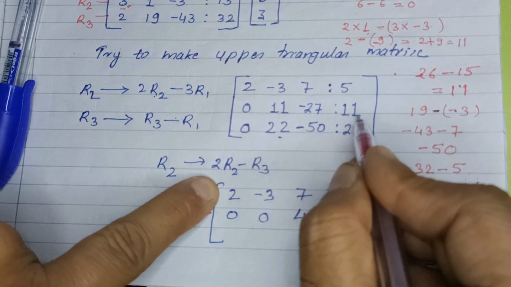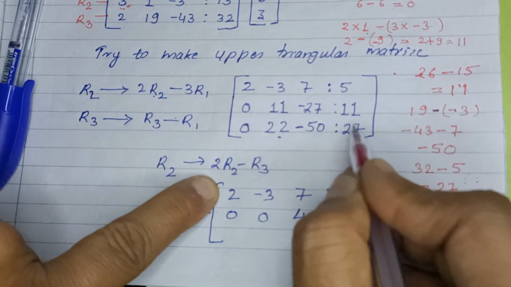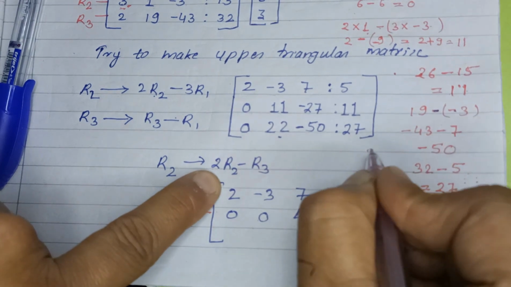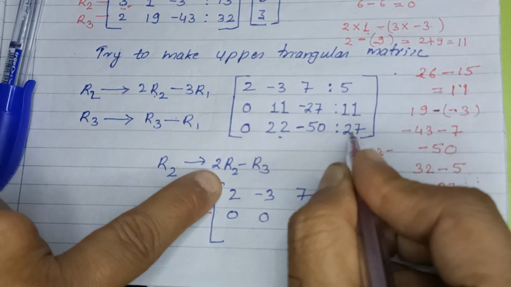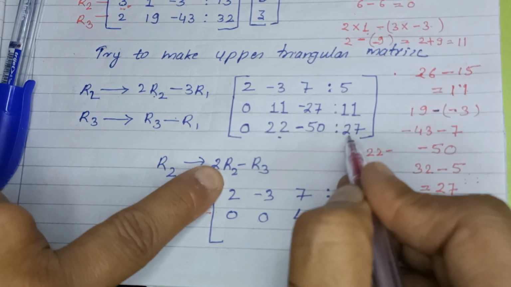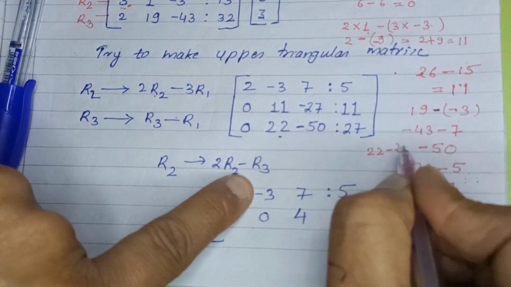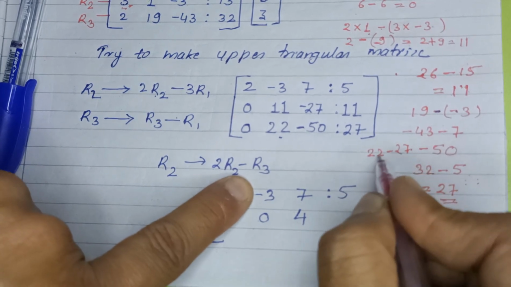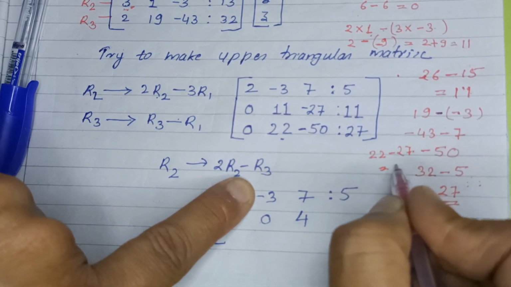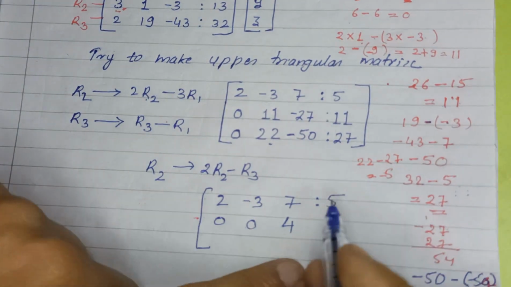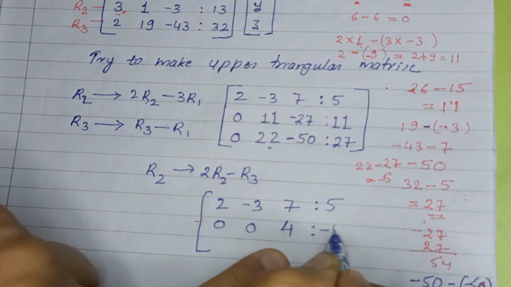So that means I have to multiply this 22 minus, because it's 2R2, right? 22 minus 27. Now I get minus signs, because this is the bigger one, I have to minus it. So I get 5, and the value over here will be minus 5.